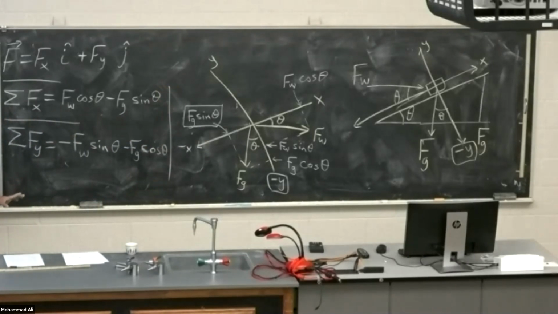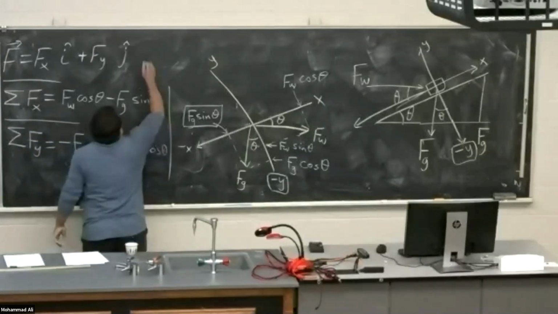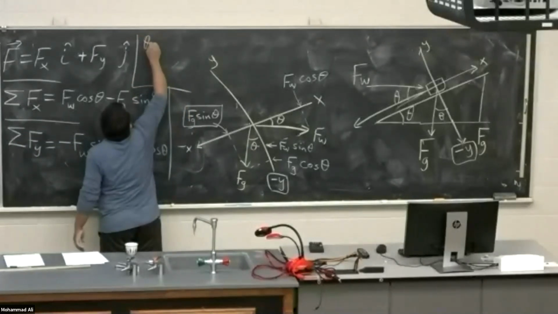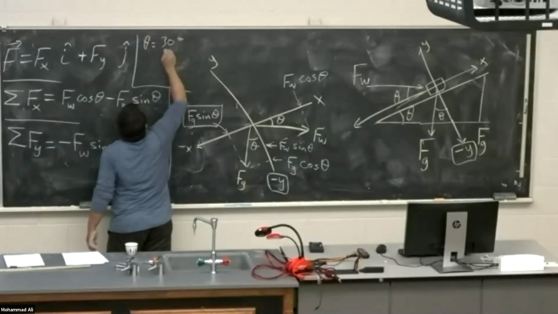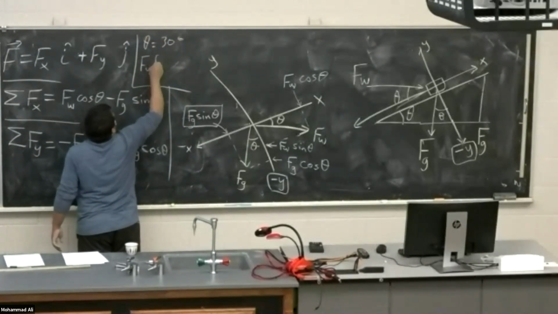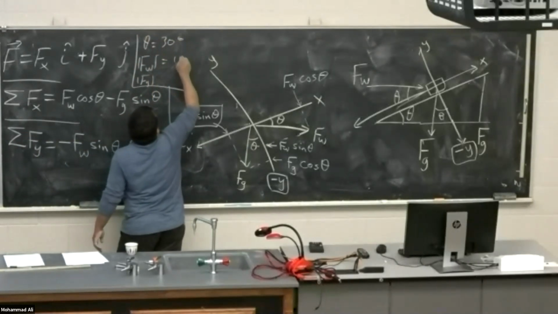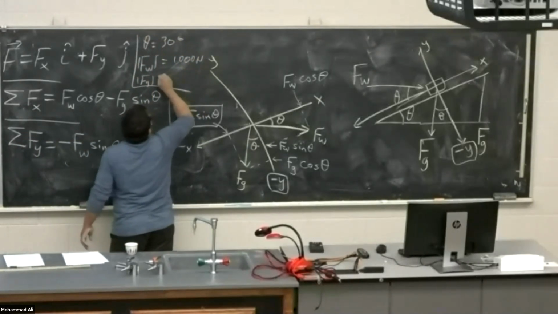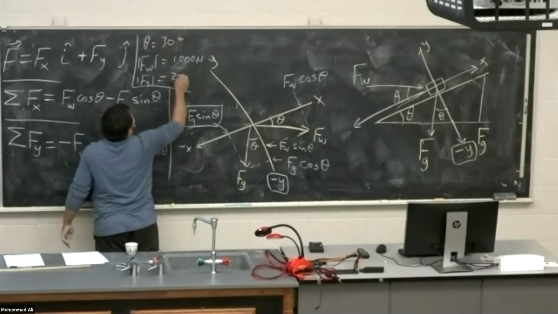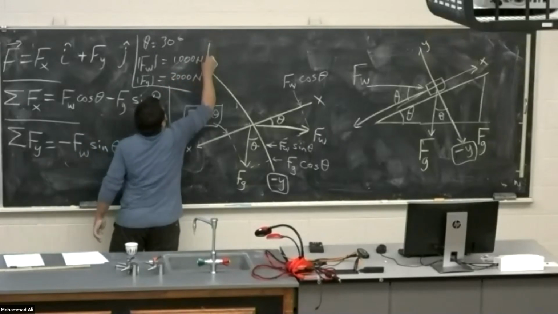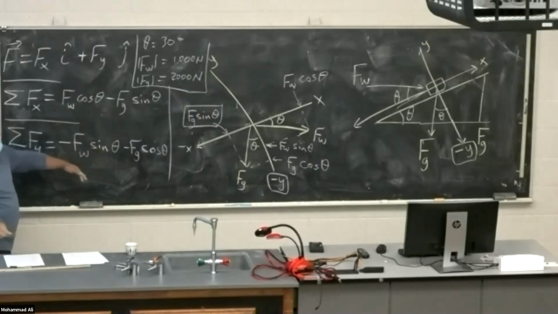Again, it's just big. If I told you theta is equal to 30 degrees, Fg is equal to 1000 Newton, and F wind is equal to 2000 Newton, then you can solve.